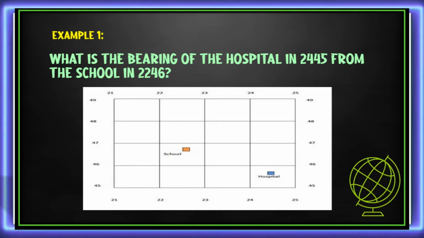Let's have a look at this example on screen. Look at the grid below. What is the bearing of the hospital in 2445 from the school in 2246?